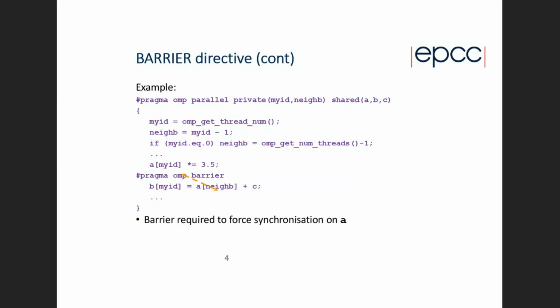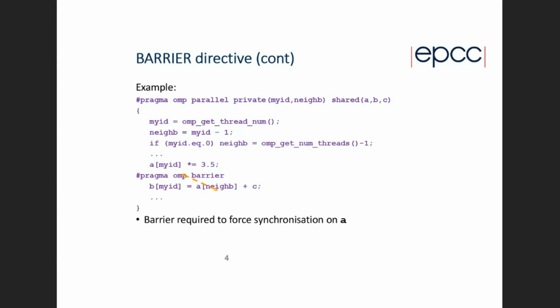So it's slightly tricky to contrive an example which will fit easily on a single slide, but let me try anyway. The situation I'm supposing here is that I'm organizing my threads in a ring in some sense.